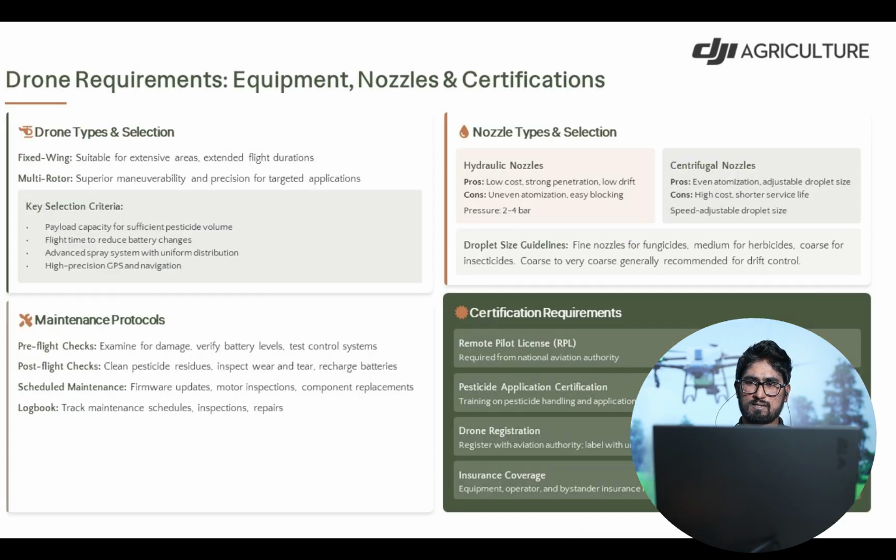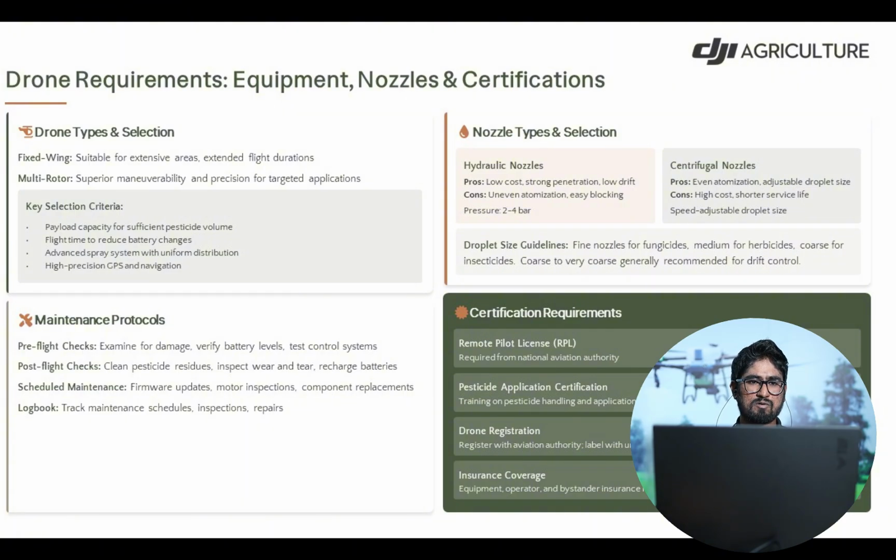Okay, now we will discuss drone requirements, equipment, nozzles, and the certification process. When selecting drones, we must consider criteria like payload capacity for sufficient pesticide volume, flight time to reduce battery changes, and advanced spray systems with uniform distribution.